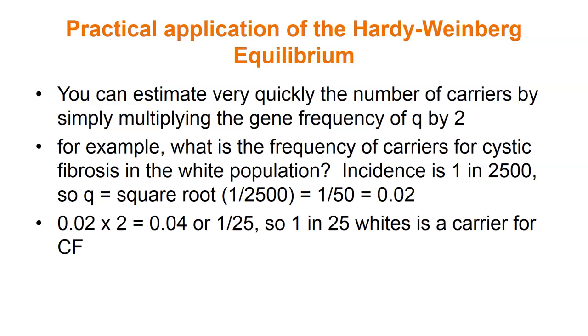So the incidence of carriers of CF, and usually we're talking about a specific population, among Caucasians in this case, 1 in 25 whites is a carrier for cystic fibrosis. That should also jump out to you as being something that's at a very high rate in a population. And we're going to touch on that a little bit later in this lecture. Okay? You see how I did that?